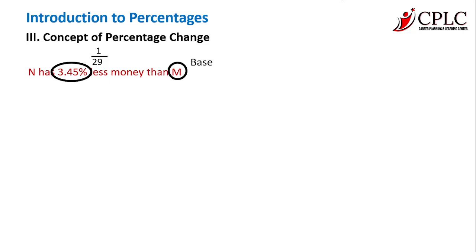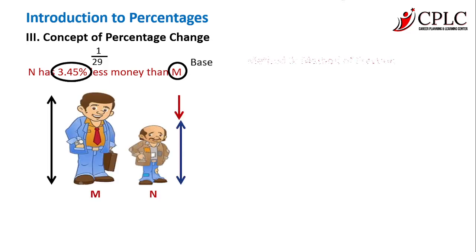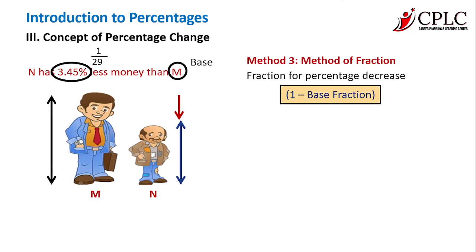So if you read the statement, it says less money. Less money is, of course, percentage decrease, and for percentage decrease, as we discussed a bit earlier, the formula is 1 minus base fraction.